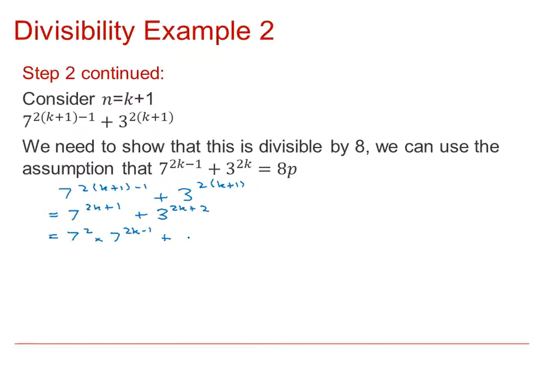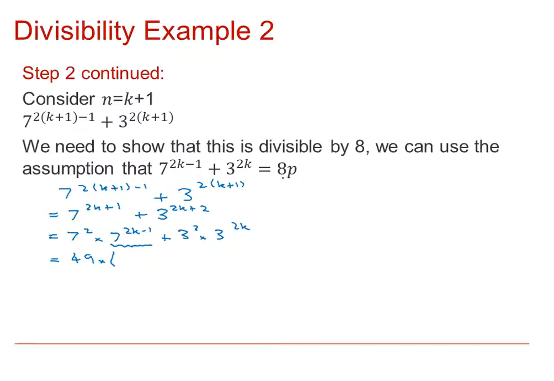Plus, for this term, I'm going to pull out a 3 squared, using my laws of indices. I'm going to write this one as 3 squared times 3 to the 2k. So we've got 7 sevens are 49, and this is the really important bit now. Now I've got this 7 to the 2k minus 1, that's where I'm going to use my assumption step.